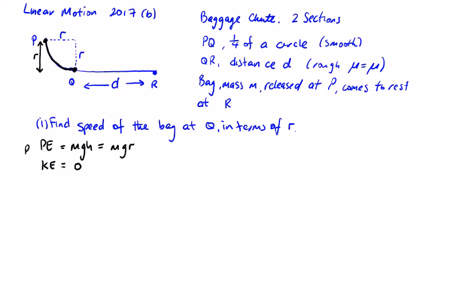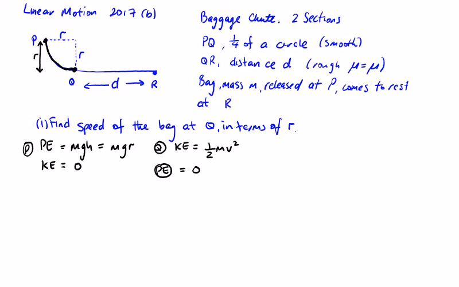So this is at P. At Q, what's going on? At Q, the energy is kinetic energy, and my formula for kinetic energy is a half mv squared, and the potential energy at Q is 0.